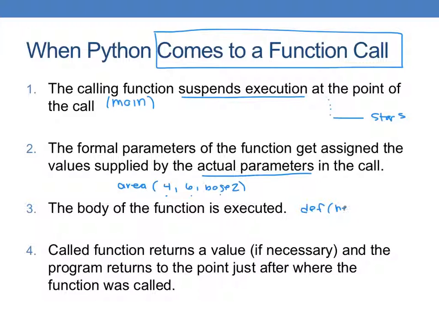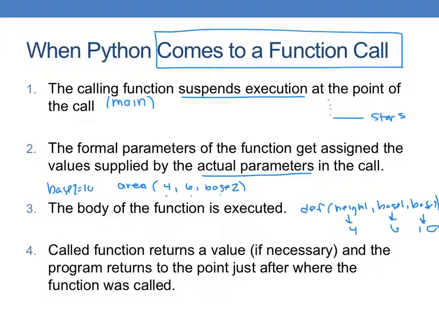So the definition had height, base 1, base 2. So what happens is these formal parameters, height gets set to 4, base 1 gets set to 6, and let's say that base 2 was previously set to 10 already, so base 2 gets set to 10. It gets set to all of those values.